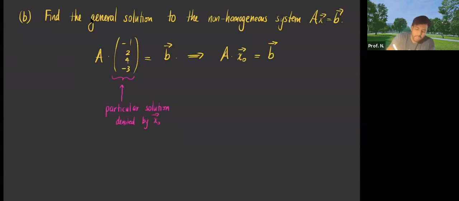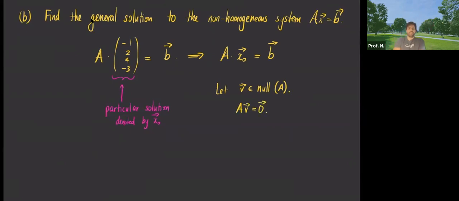And if we let V be some vector in the null space of A. What does it mean to be in the null space of A? It means that AV equals 0, doesn't it?